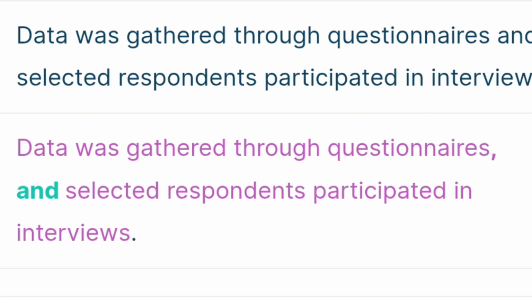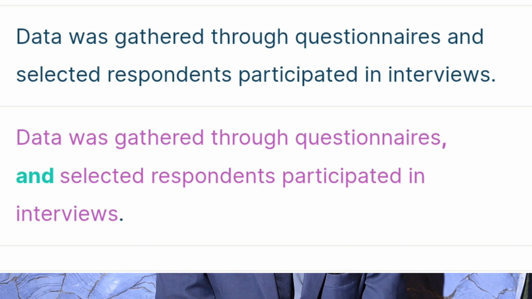For example, if I say, data was gathered through questionnaires and selected respondents participated in interviews, and I don't put a comma here, it doesn't sound correct. Here I can say, data was gathered through questionnaires, and selected respondents participated in interviews.